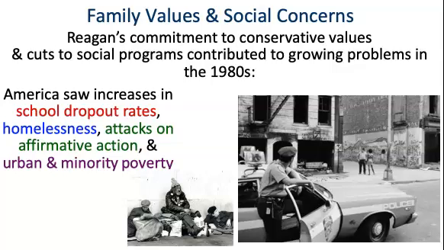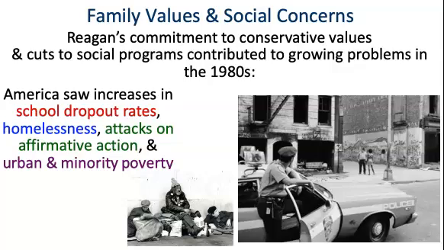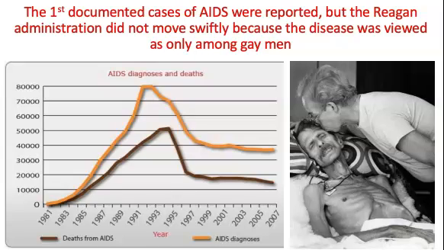Now, Reagan's commitment to conservative values and cuts to social programs contributed to growing problems in the 1980s. During the time period, Americans saw increases in school dropout rates, homelessness, attacks on affirmative action, and urban and minority poverty. In addition to this, the first documented cases of AIDS were reported.